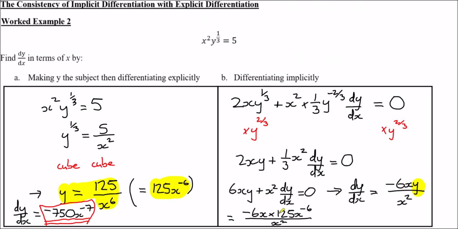So I'm just saying that y is this thing here. And then hopefully you can see, if you were to simplify this, minus 6 times 125 gives minus 750. X to the 1 times x to the minus 6 gives x to the minus 5. Then divide by x squared gives x to the minus 7. So again, we have exactly the same thing. So we've got here that dy by dx equals minus 750 x to the power minus 7. So exactly the same, which is what we wanted to show all along anyway.